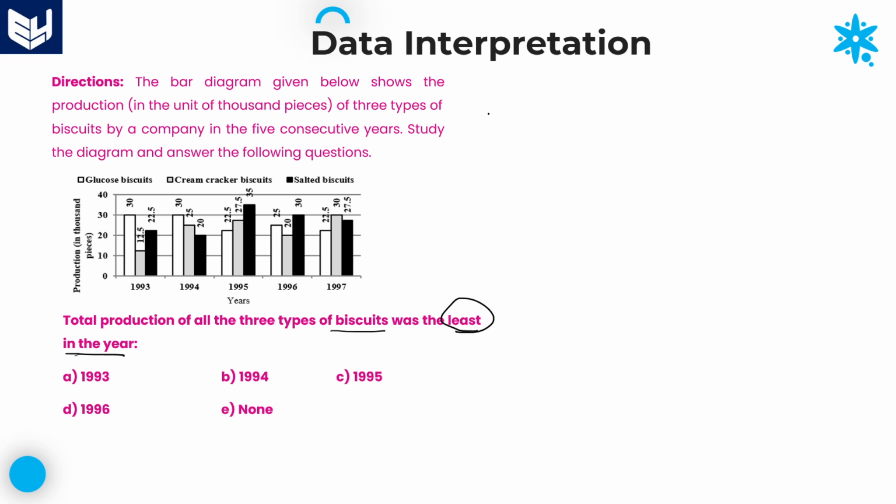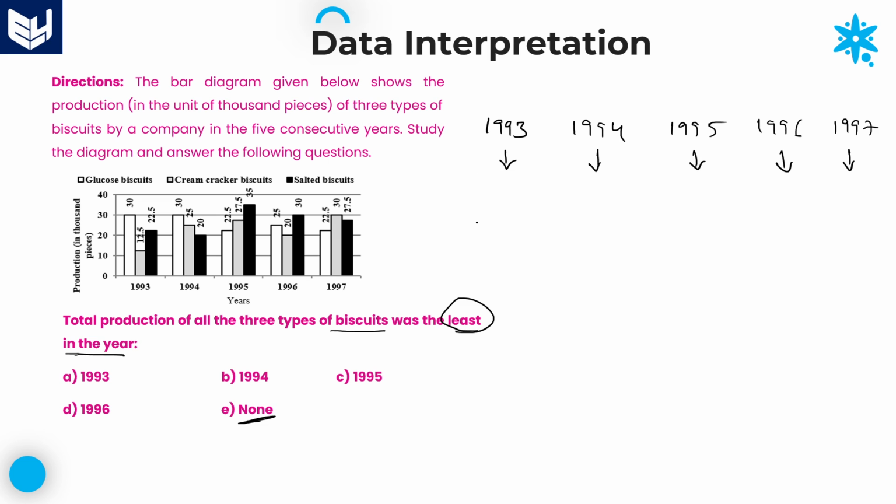We need to calculate the totals of 1993, 1994, 1995, 1996 and 1997. Once you calculate all the totals, then compare the values to find the lowest one. As we have none of these options, we need to calculate each and every year.